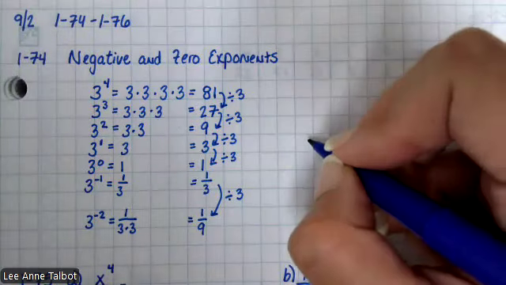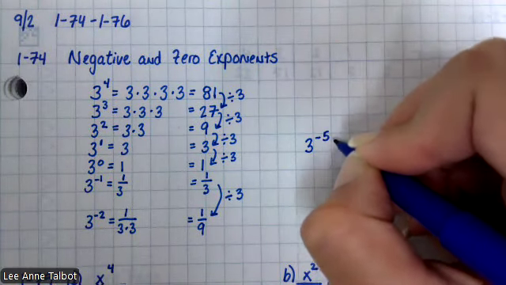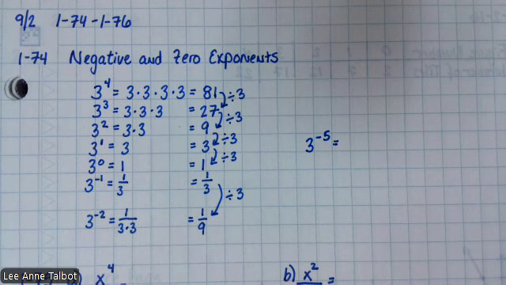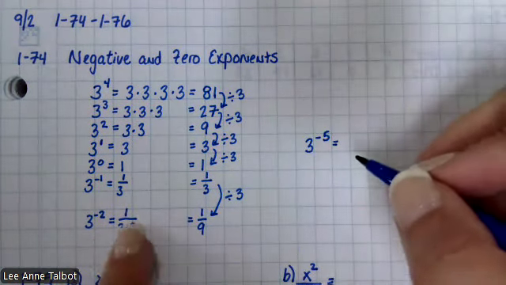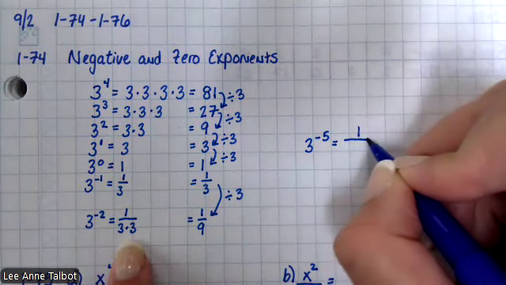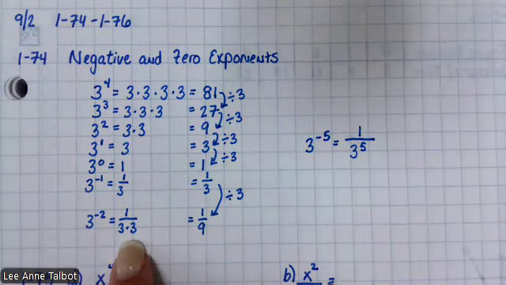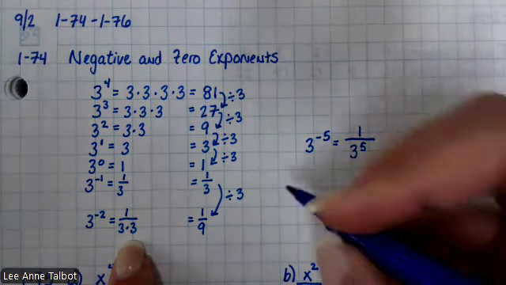Okay, so let's do one over here. 3 to the negative 5. Okay, so it's 1 over 3 to the positive 5.